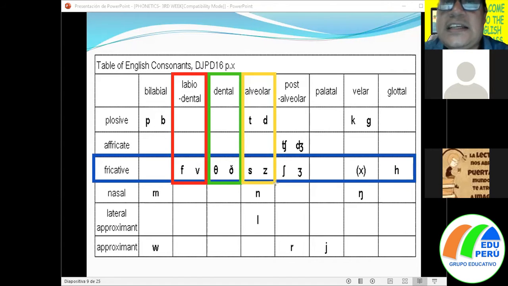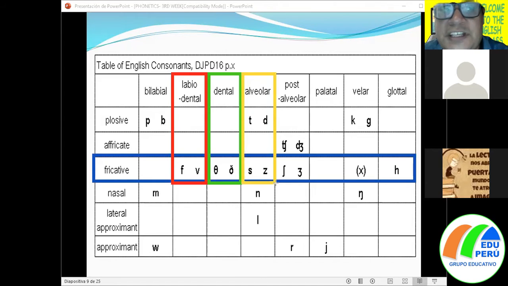So you say, s, s. Notice the position of your tongue. S, you move upward, no? To the alveolar ridge. You don't touch the alveolar ridge. S, s. This is the first sound, voiceless, no vibration.